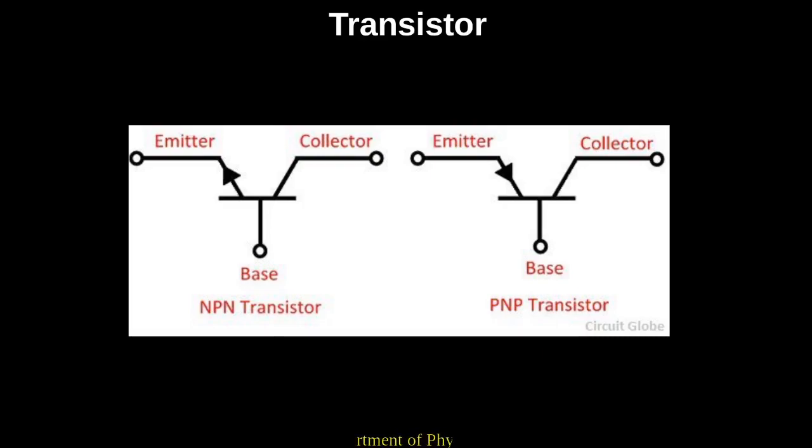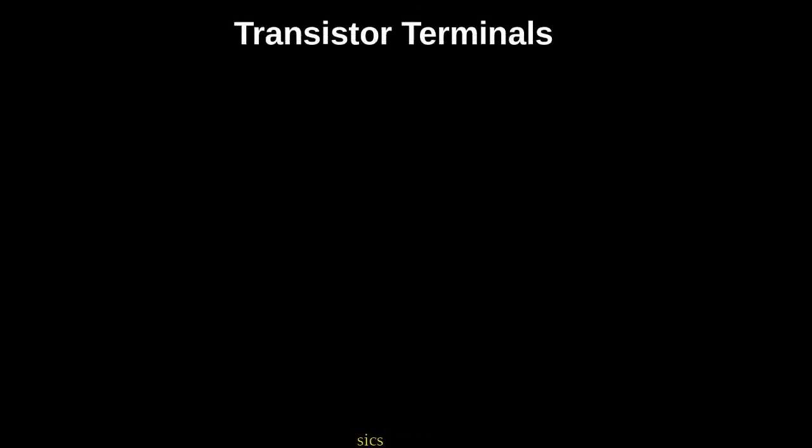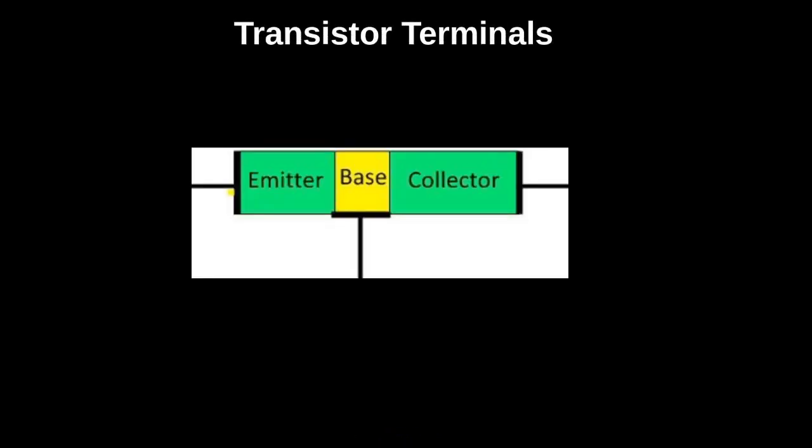The collector base junction is in reverse bias and offers higher resistance to the circuit. The base of the transistor is lightly doped and very thin.